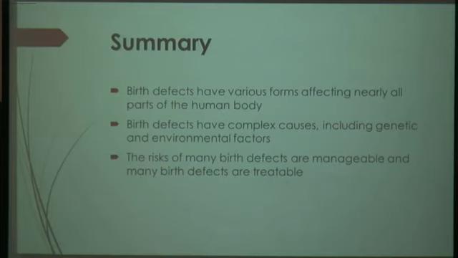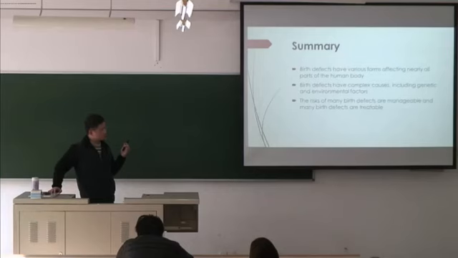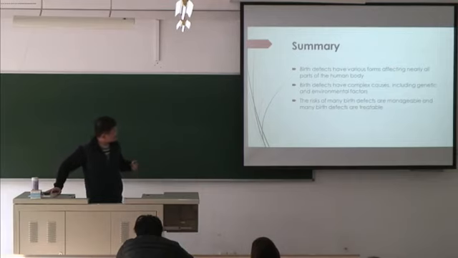So, prevent it from happening before it happens. For example, folic acid taken by pregnant women during pregnancy. They found that this can prevent almost 80% of neural tube defects. So prevention is also very important.